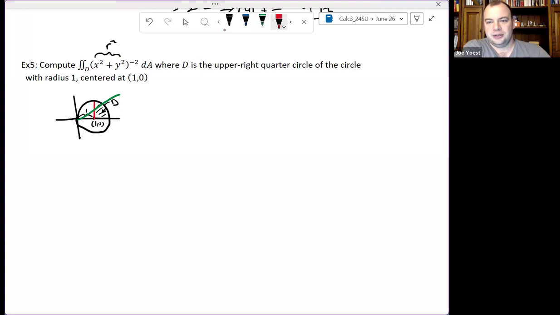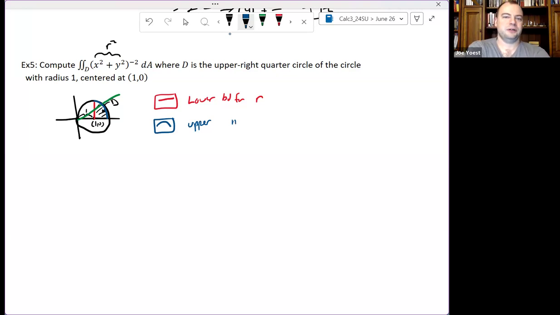And I see that the red curve is the lower bound for r. And maybe I'll make this a blue curve. The blue curve is the upper bound for r.